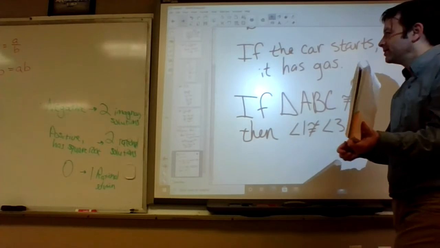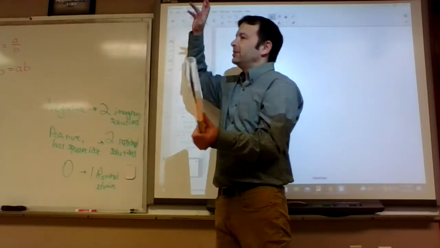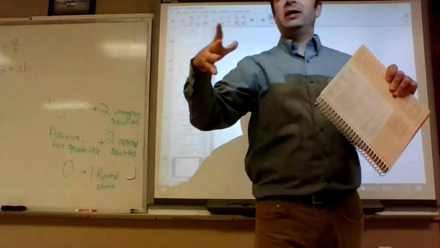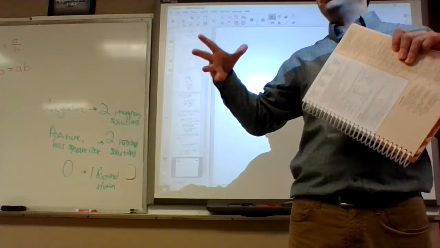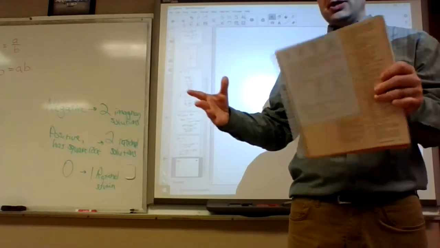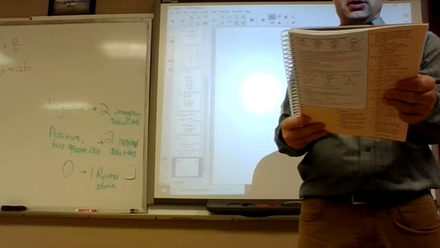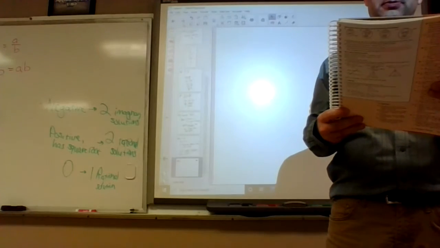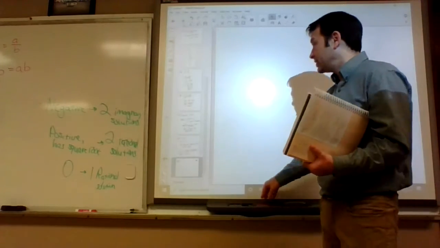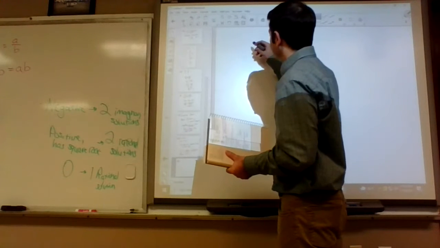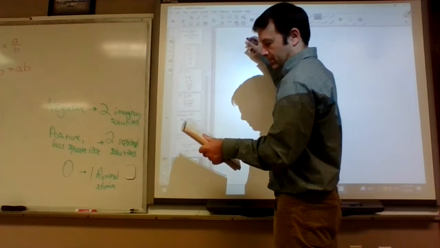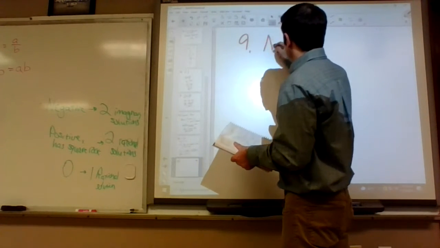So if I was trying to prove that indirectly, I would start by assuming the opposite of what they said was true. So I would start by assuming this car makes skid marks on the pavement. That was number 9.